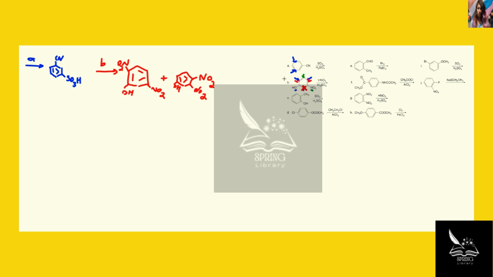Now in C, similarly, we're having some sort of direction by two groups. So here we have this alcohol that's directing ortho and para. And then we have the methyl group that's directing ortho and para as well, because both of these are electron donating groups.